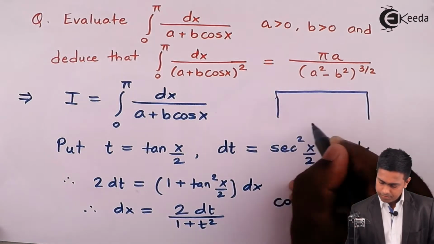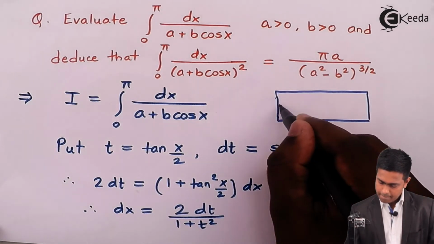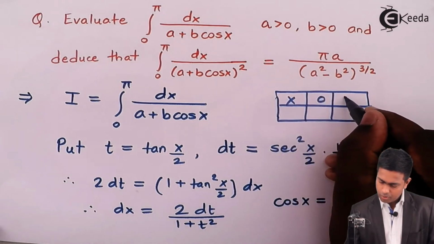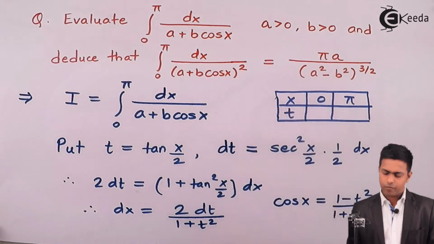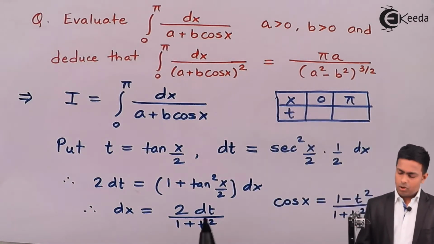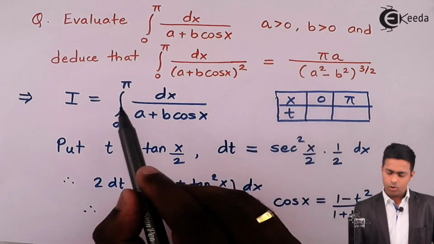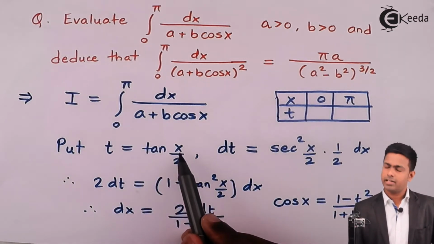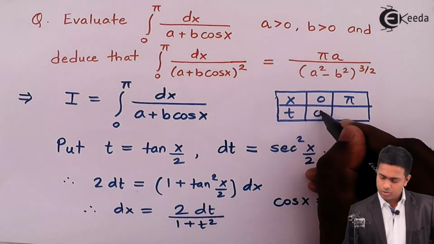So for x it is 0 to pi. Let's check it out for t. Now when x is 0, the lower limit is 0, this will become tan 0 upon 2, that is tan 0, and tan 0 is 0, so t will be 0.